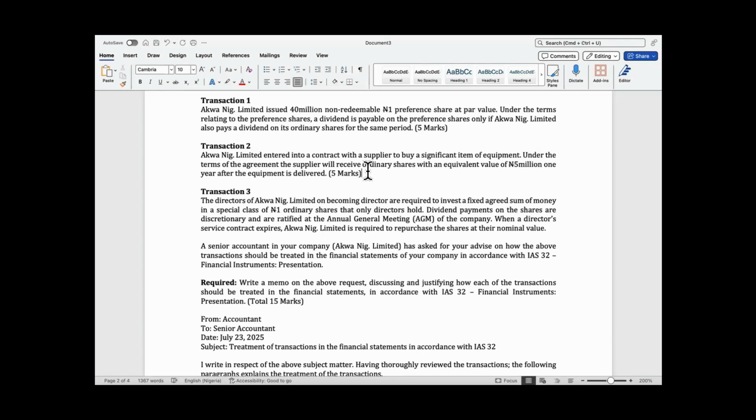Then automatically it becomes a liability. So it's a financial liability also to the entity. Accounting is two entries, debit, credit. So assets, then financial liability. And also, because this 5 million is in 1 year time, whatever you are recording in your books today is at present value. You need to discount it to present value.